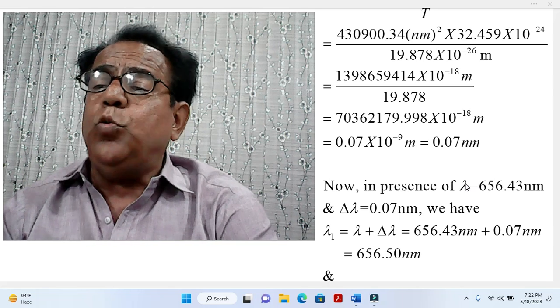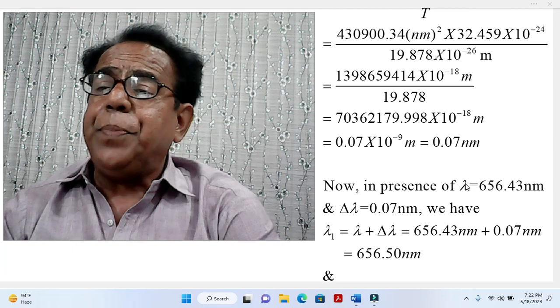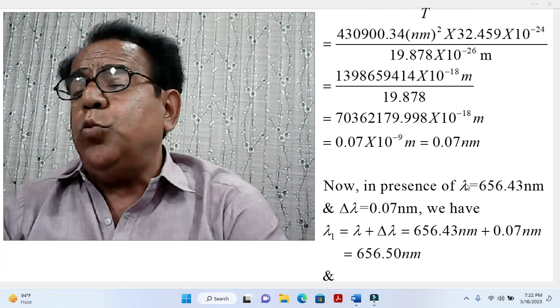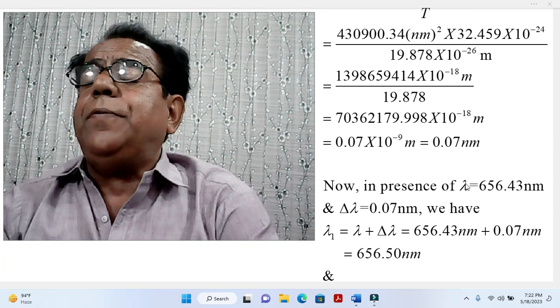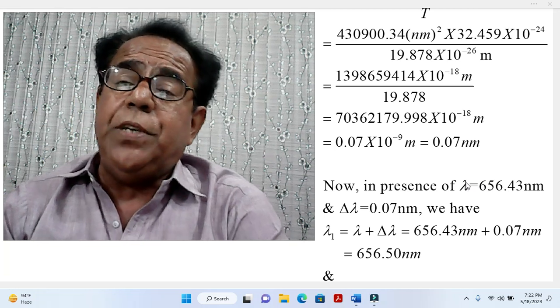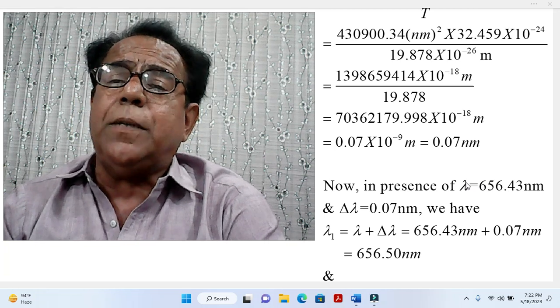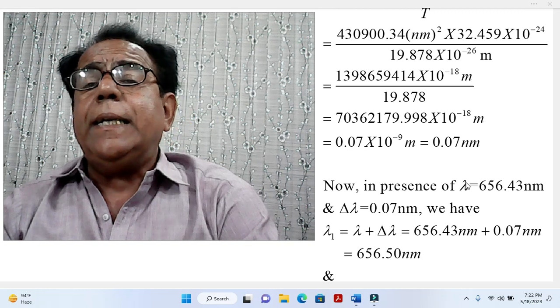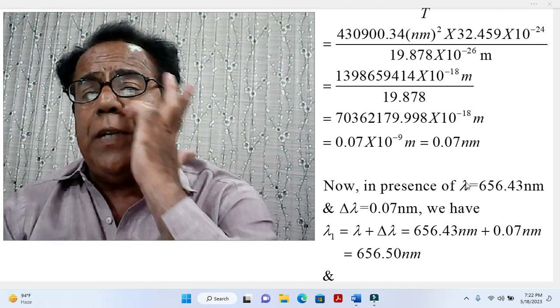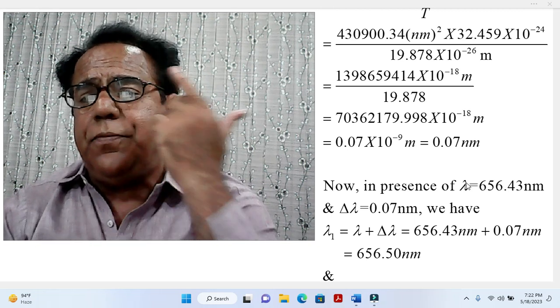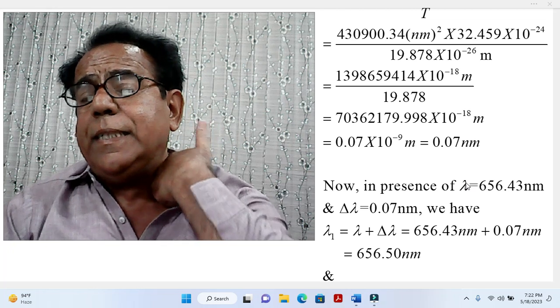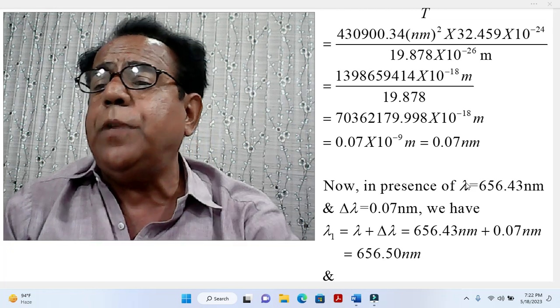Okay, one value we have calculated already, and the remaining two values will be calculated in this way, that once we will add this value to the first value, and second time we will subtract this value from the first value, and hence in this way our three values will be completed.